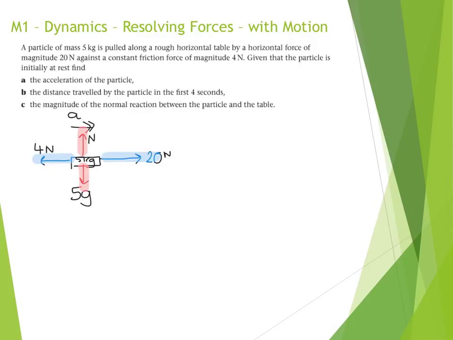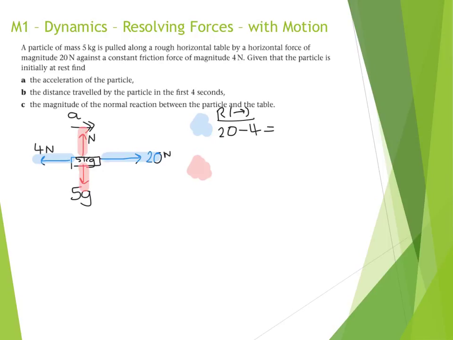So I'm going to come up with 2 equations. I'm going to come up with a blue equation and a red equation. Right, so in the blue, acceleration is going to the right, so I am going to resolve to the right. So I've got 20 minus 4.